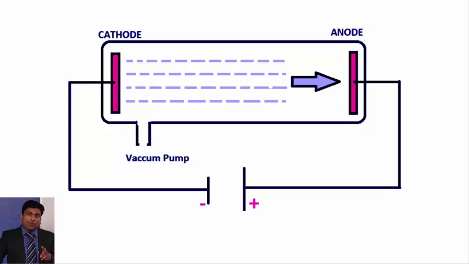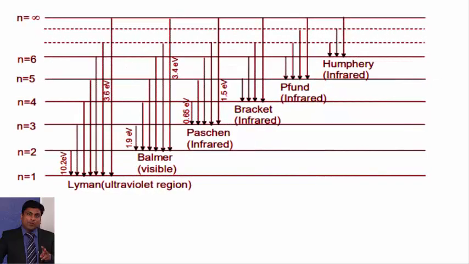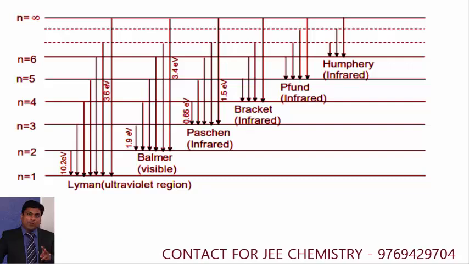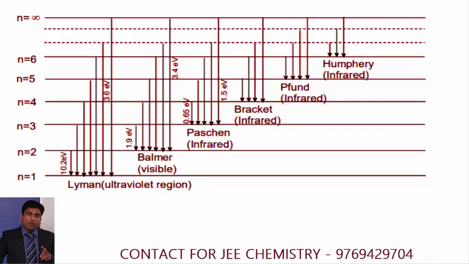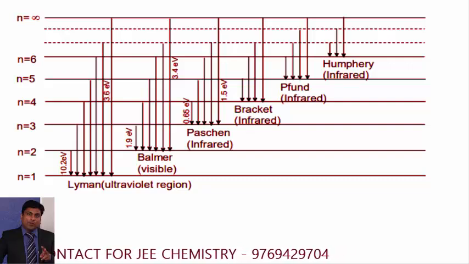If we analyze the emitted radiations, they are found to consist of a series of sharp spectral lines in the ultraviolet, visible and infrared regions. The series of lines is known as the line or atomic spectrum of hydrogen. Please note each line corresponds to light of a definite wavelength. The entire spectrum consists of 6 series of lines.